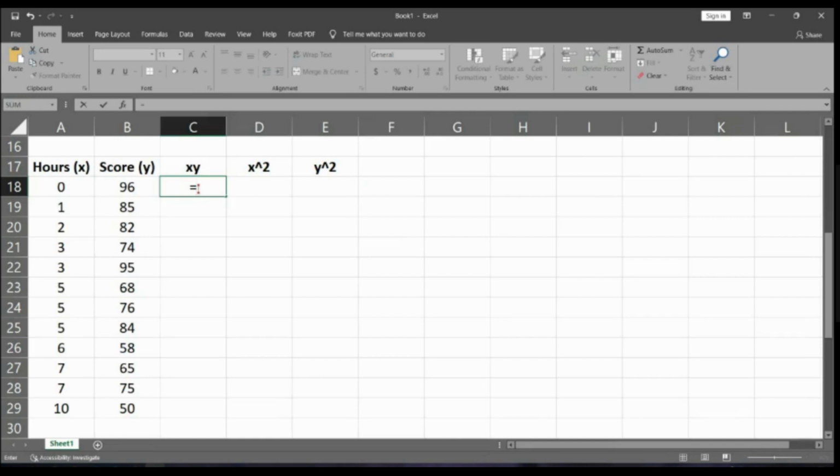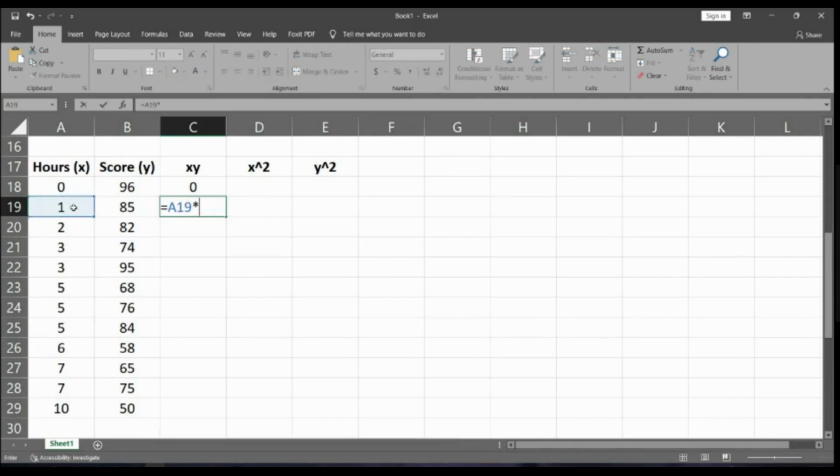Given these values, I would like to multiply this cell with the data in the other cell. Okay, take note. The symbol for multiplication in Excel is the asterisk sign or the star sign. So take note of that. Meaning, I multiply 0 and 96 here, which is equivalent to 0. Okay? And do it again.